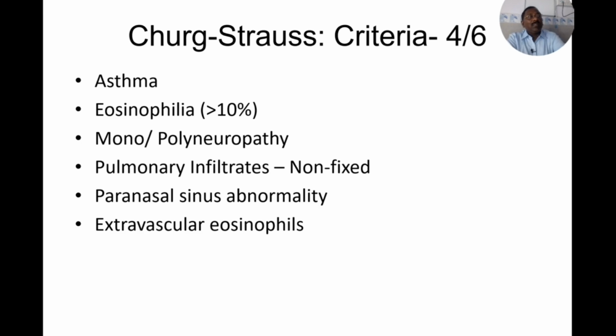So these are the very important criteria in Churg-Strauss vasculitis. Mostly the asthmatics, eosinophilia, and then the pulmonary infiltrates. So neuropathies. So this is Churg-Strauss vasculitis: asthma, eosinophilia, neuropathy, either mononeuropathy multiplex or polyneuropathy, pulmonary infiltrates, paranasal sinus abnormalities, and extravascular eosinophils.